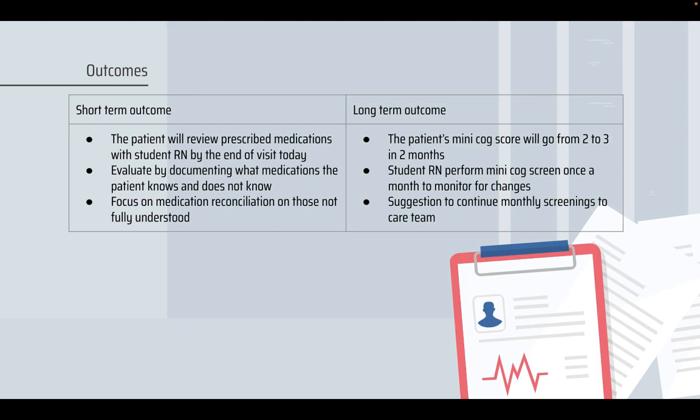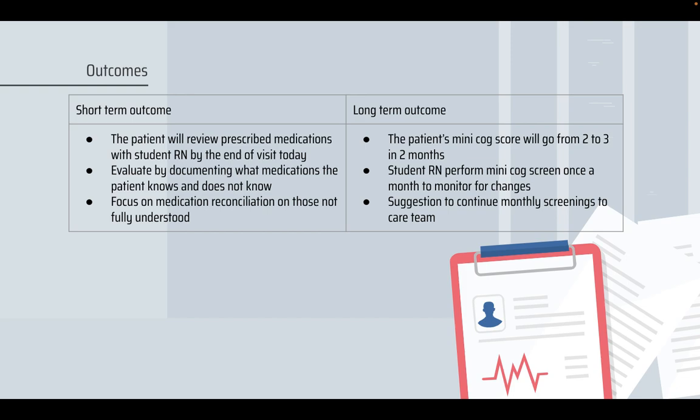My short-term outcome identified for my patient was: the patient will review prescribed medications with the student RN by the end of the visit today. I will evaluate this by documenting what medications the patient knows and does not know, and I will focus on medication reconciliation on those not fully understood.